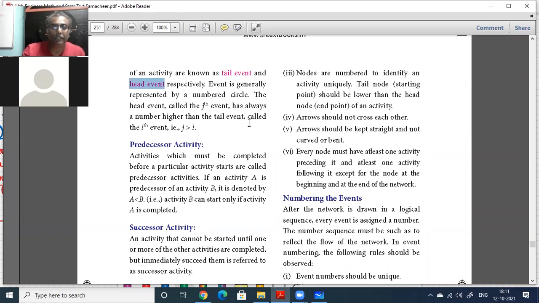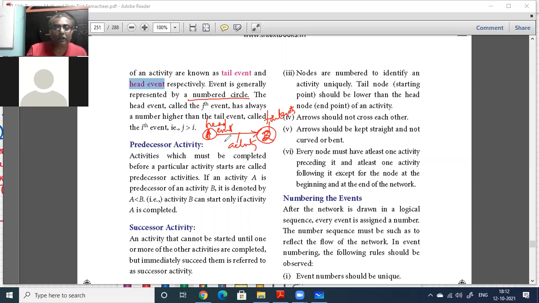When you begin the activity like this, this is A, this is B. So this is the head event, this is the tail event, and this is the activity. An event is generally represented by a numbered circle. A, B, 1, 2.